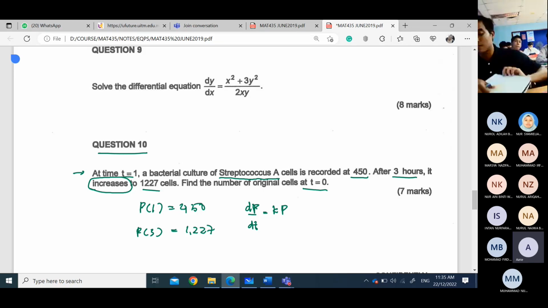Kalau dia melibatkan decrease, dia punya population menurun, so that one we use negative kP. So you kena tengok ayat dia. Keyword dia decay ataupun decrease. Kalau ni growth, increase, so we use this model.